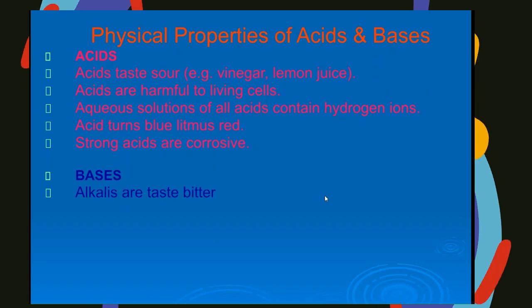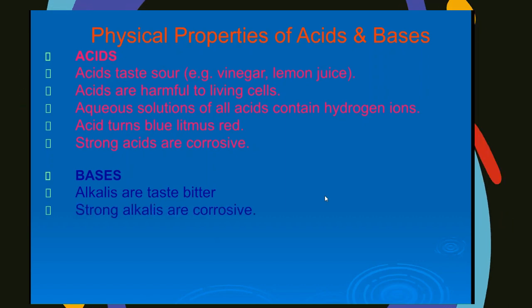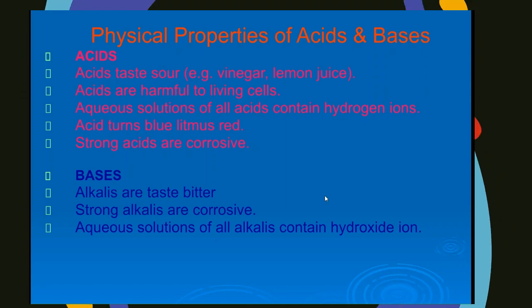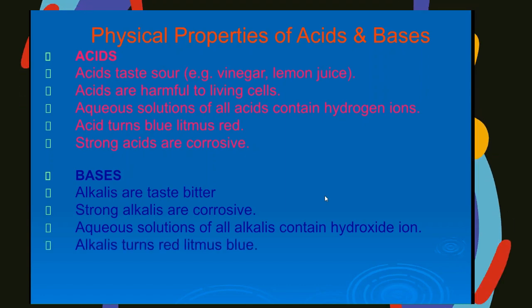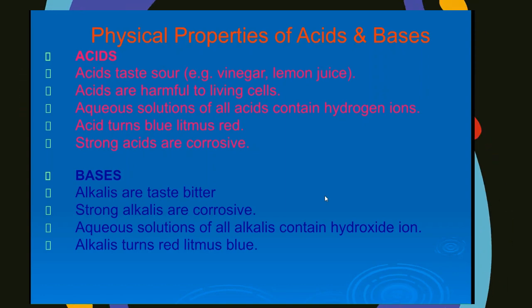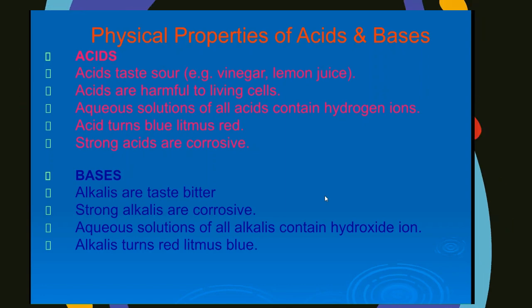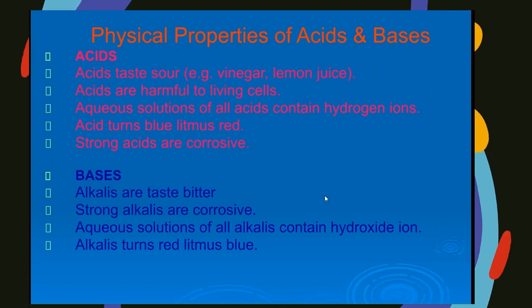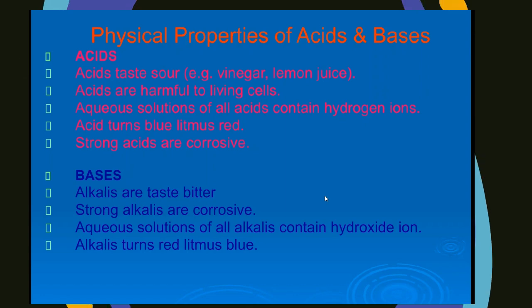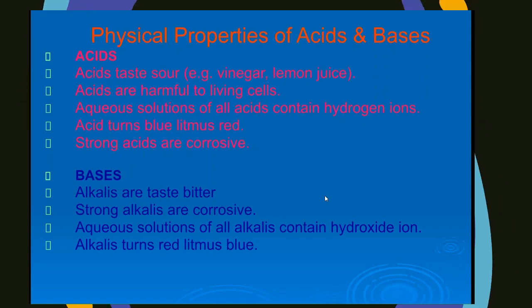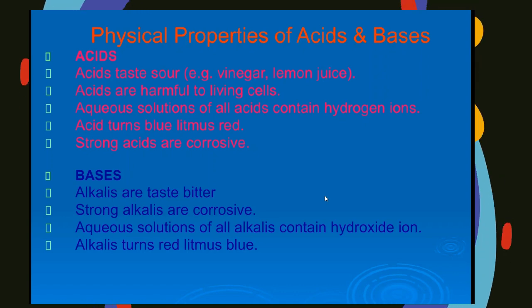Alkalis taste bitter. Strong alkalis are corrosive. Aqueous solutions of all alkalis contain hydroxide ions, OH minus. Don't get confused between hydrogen ion and hydroxide ion; they are different. Alkalis turn red litmus to blue. Acids turn litmus blue to red, but alkalis, that is bases, turn red to blue. It is the reverse. They also feel soapy to the touch.